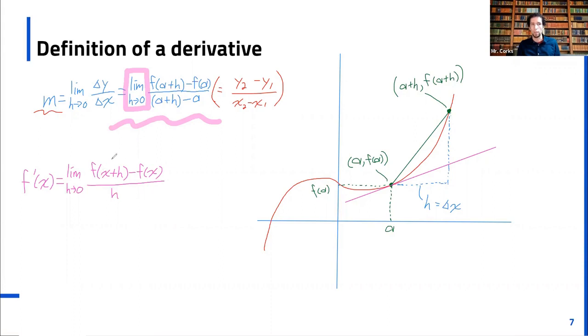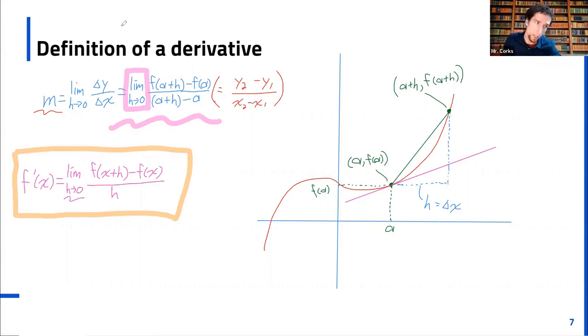So on the top, we have y2 minus y1, and on the bottom, again, h is just delta x. So it's still delta y over delta x, and we've added this limit thing in front here. So this form is our general definition of a derivative. There are lots more derivative rules that we will not be getting to in this course, but in a later calculus class, you would do them, and you would keep coming back to this definition in order to see how those other rules can be made.